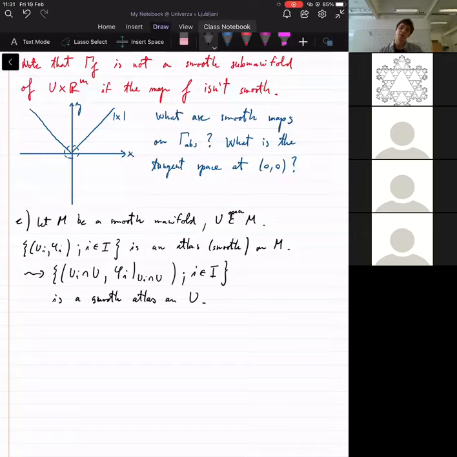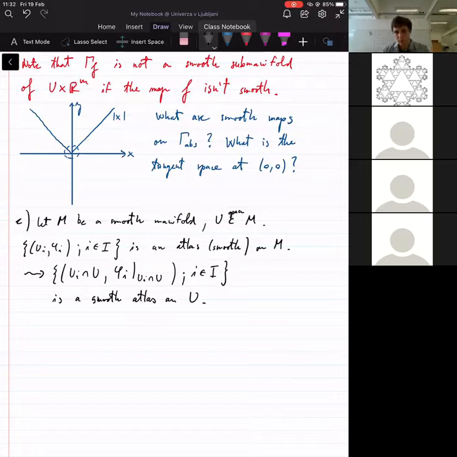U_i ∩ U is an open subset of U, since both of these sets are open, and with respect to the subspace topology, phi_i restricted to an open set is again a homeomorphism. Of course, we have to keep in mind what the codomain is. Now we have to also restrict the codomain, right?